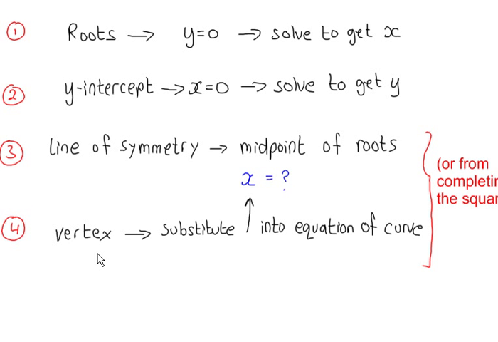And the vertex: if you substitute in the value of x that you've got for the line of symmetry, so for instance, let's say the equation of your line of symmetry was x is equal to 2. If you substitute in x equals 2 into the equation of the curve, you'll get the y-coordinate for the vertex. So the x-coordinate here in this example is 2, and then that'll give you the y-coordinate.